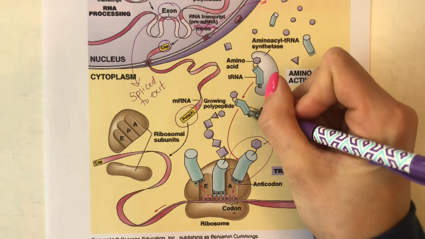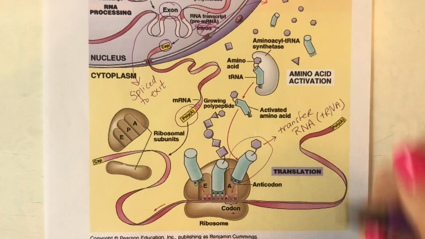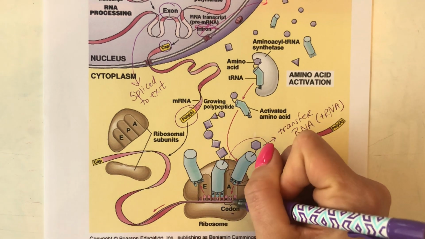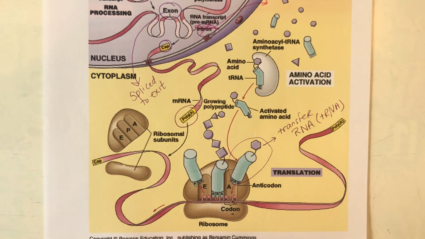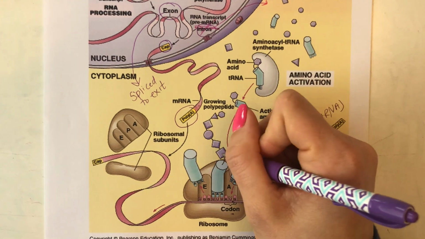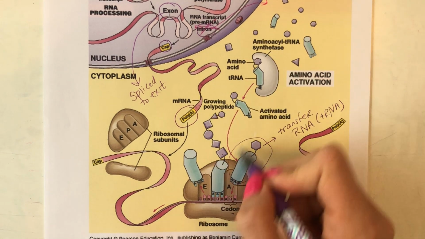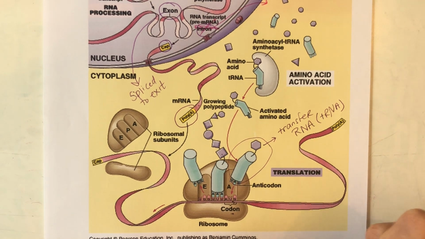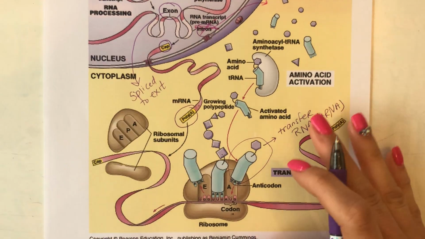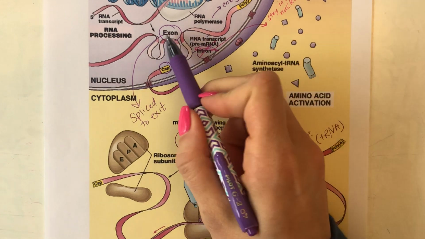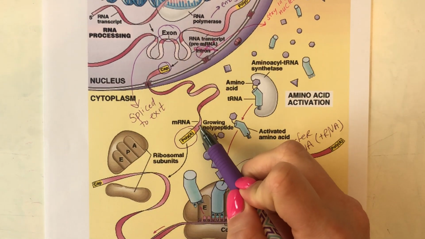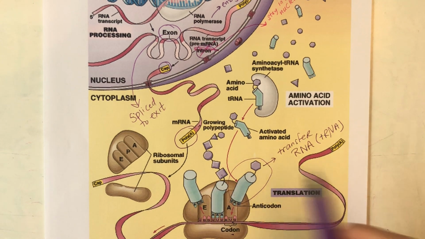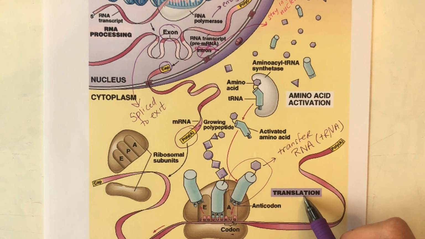Once a transfer RNA is initiated or helped by this messenger RNA, it's going to attach to it in a specific way, which we'll talk about in a couple minutes, and it's going to drop off those amino acids until you have the polypeptide or the protein sequence that you need. Okay, so that in a nutshell is transcription. Specifically, transcription is just the making of this mature or finished mRNA before we get to the ribosome. The ribosome reading it is translation, which we're going to get into in just a second.